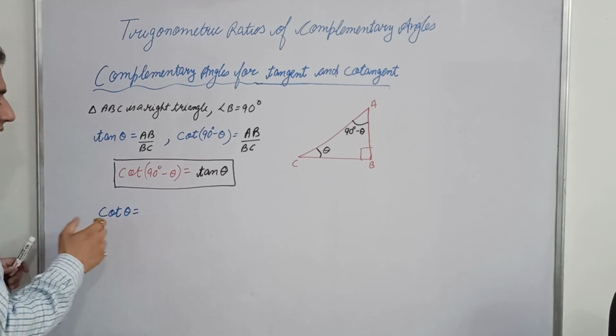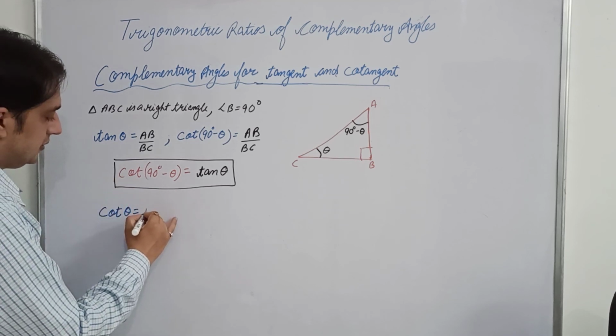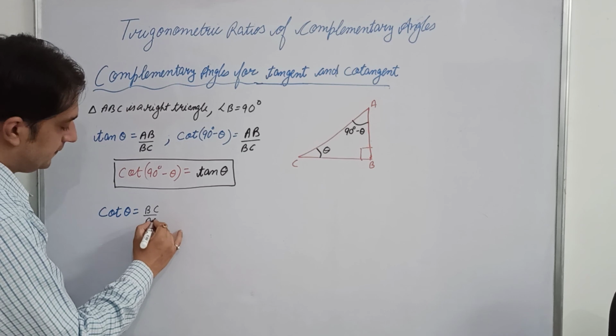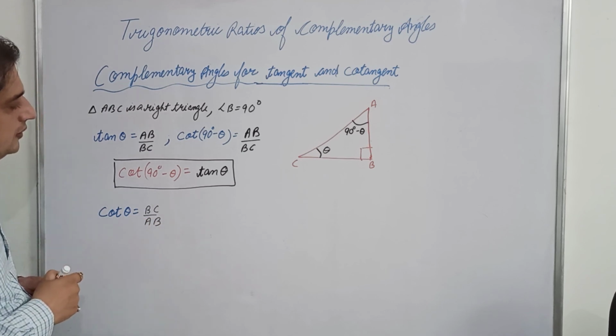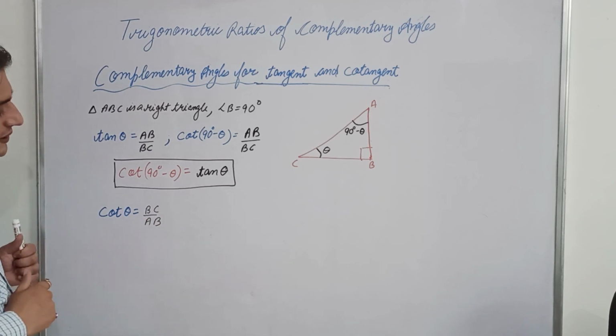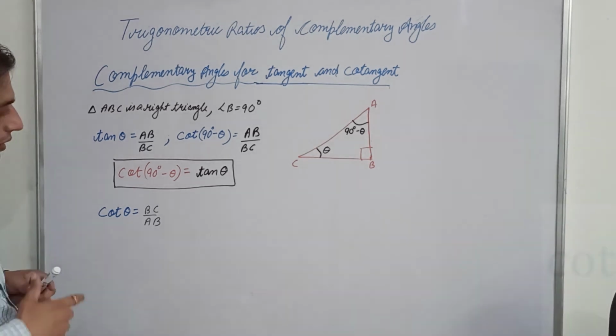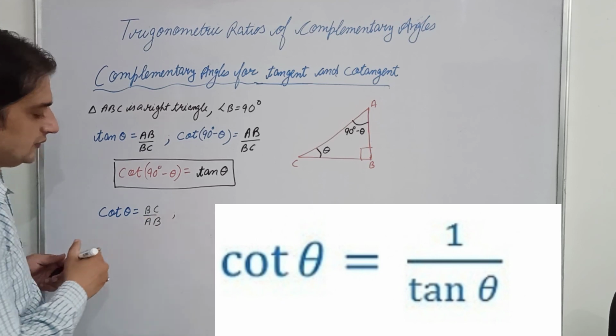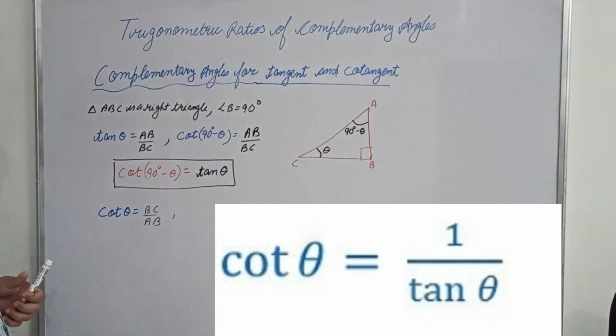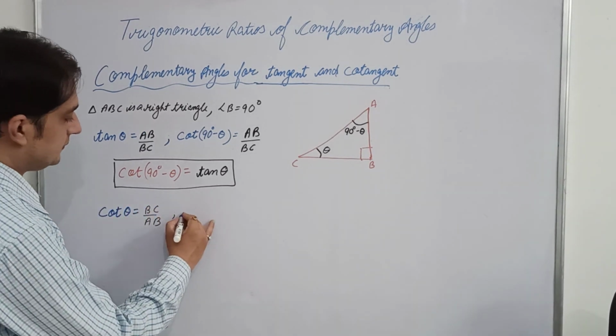For this angle you can write BC upon AB. So this is the T ratio of cotangent of an angle, and also you can write that as tangent of 90 minus theta.